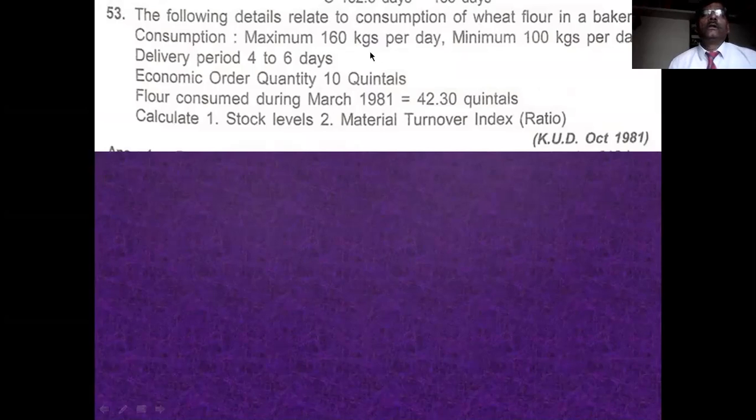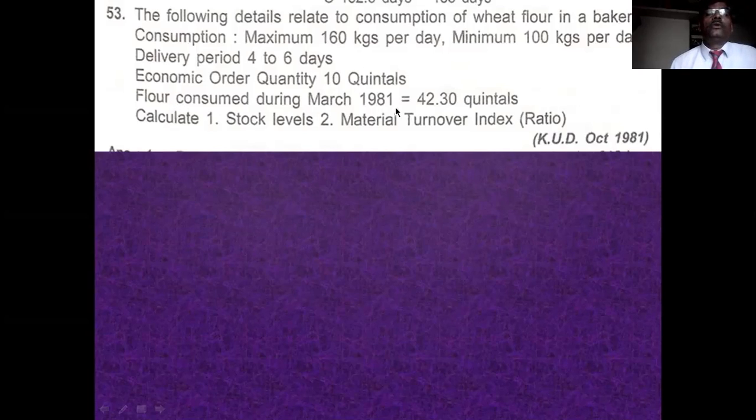You see here, consumption is in days, period also in days, no problem. Economic order quantity is in quintals, and the above is in kg. So you have to make the quantity also in a uniform unit. Quantity units must be uniform. If it is in kg, you convert everything into kg. Otherwise, the above is to be converted into quintal.